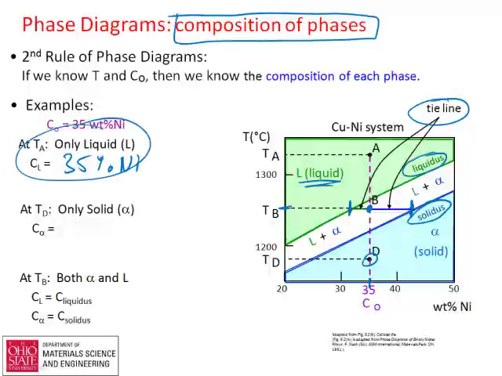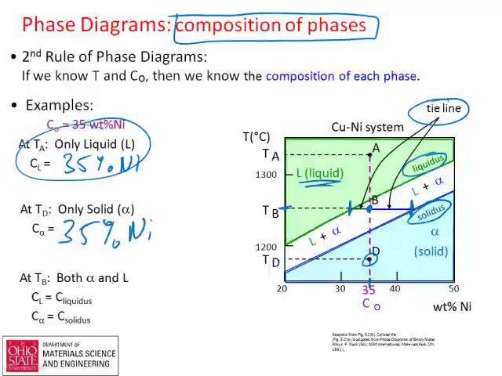It's a crystal instead of a liquid, but again, the probability of each lattice point being occupied by a copper or nickel atom is just simply the mole fraction of each in the solid. And again, solid solution, 35% nickel.